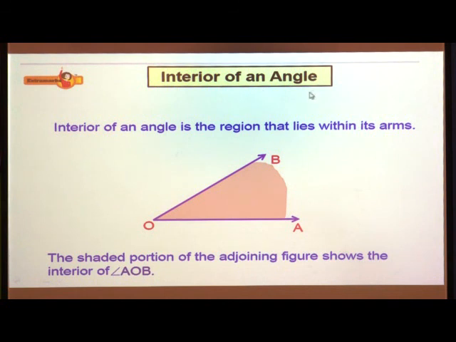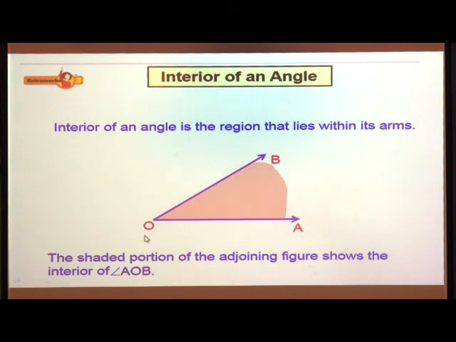Interior of an angle. As we have seen, for any figure or diagram, we have the interior, exterior and boundary. So for the angle also we have the interior part, exterior part and the boundary. Interior of an angle is the region that lies within its arms. The shaded portion of the adjoining figure shows the interior of angle AOB.